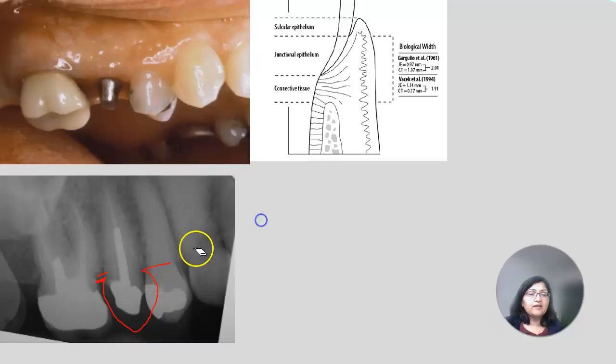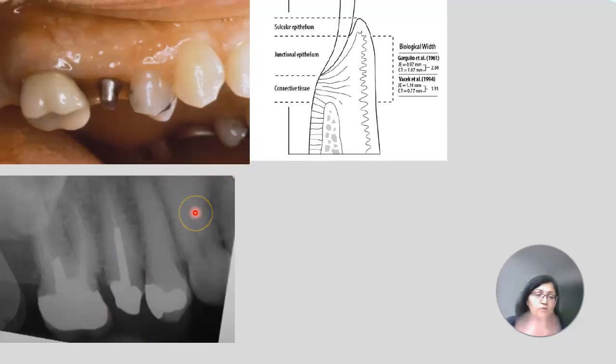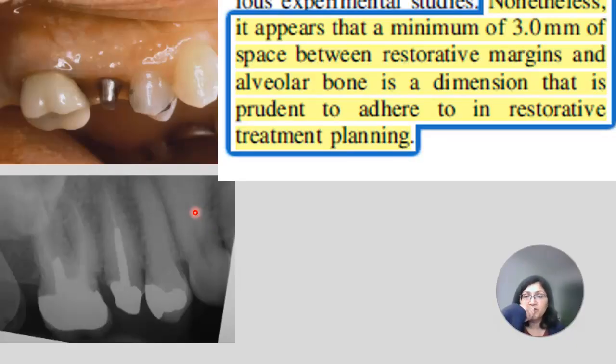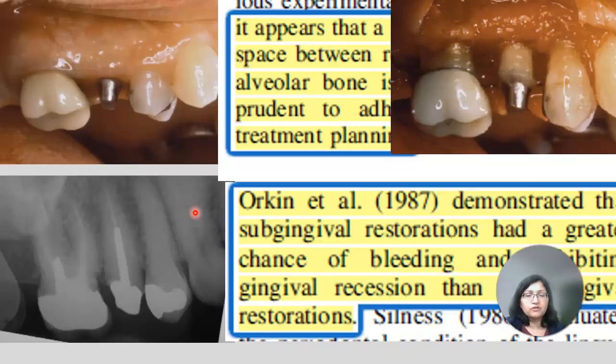So like I said, we don't want to violate this area, because now we've understood that violating it is going to cause gingival recession and bone destruction. So a minimum of 3 millimeters has to be there. Otherwise you will have a greater chance of bleeding and gingival recession. So ideally what we should do is crown lengthening.